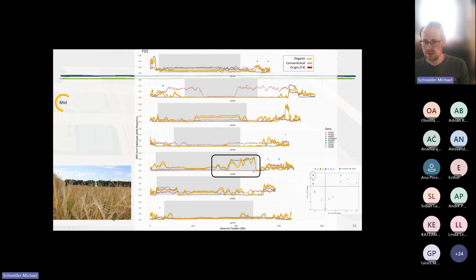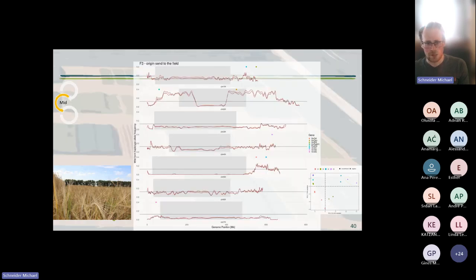So while the fitness effect in the gray population was neutral for all this area, for the yellow population on the other farm it was not. You could say this here was rather beneficial, but we clearly see some negative selection at these spots.